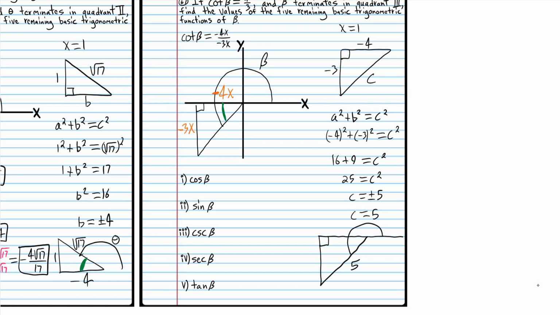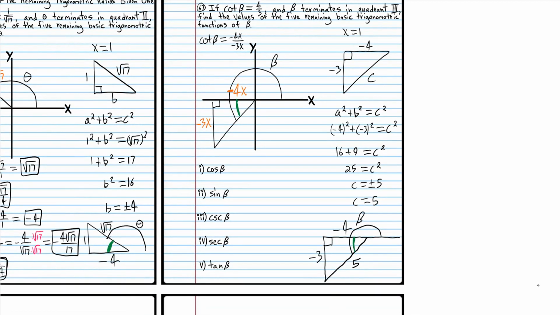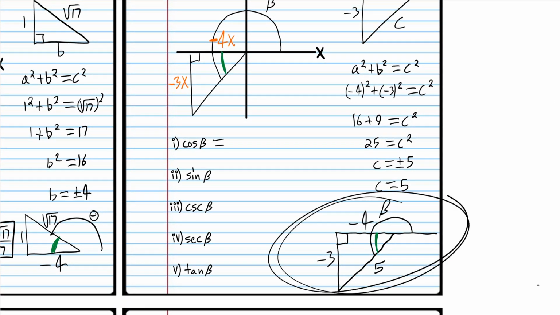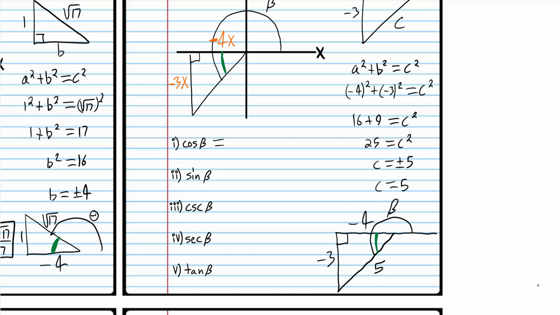That angle is beta. And we're going to use the green reference angle to calculate our values. This side is negative 4, and this side is negative 3. So now we're ready to go. So cosine, using the information down here, cosine is the side adjacent the green reference angle divided by the hypotenuse. So negative 4/5.